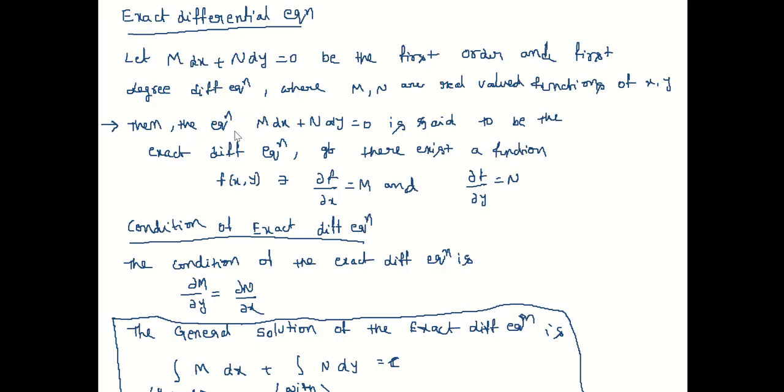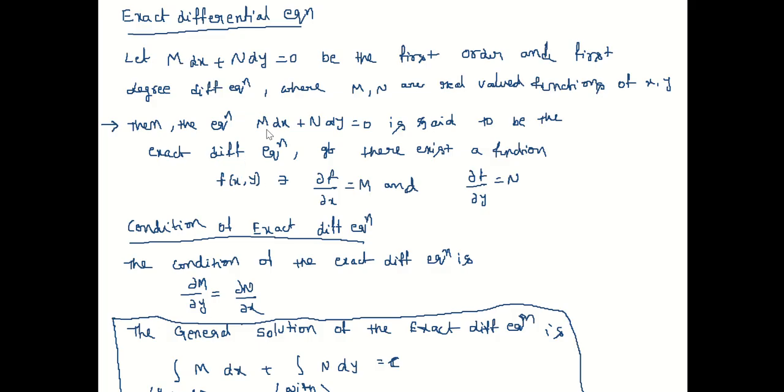Then the equation M dx plus N dy equals 0 is said to be an exact differential equation if there exists a function f of x comma y such that dou f by dou x equals M and dou f by dou y equals N. Like that, some function f of x comma y should exist.